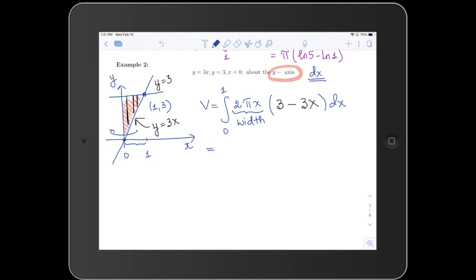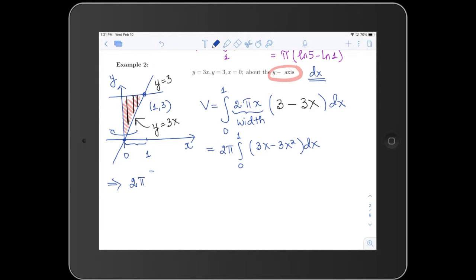This one is polynomial, nice and easy. So I'm going to pull out 2 pi. We go from 0 to 1, and if I distribute my x, I get 3x minus 3x squared dx. That's easy to integrate.